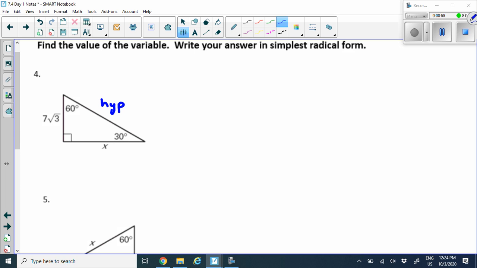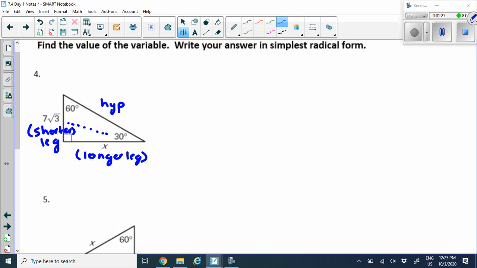And then across from the 60 degrees, that side is going to be our longer leg. And then across from the 30 degrees, remember we want to go across, not right next to, but across. That's going to be our shorter leg.